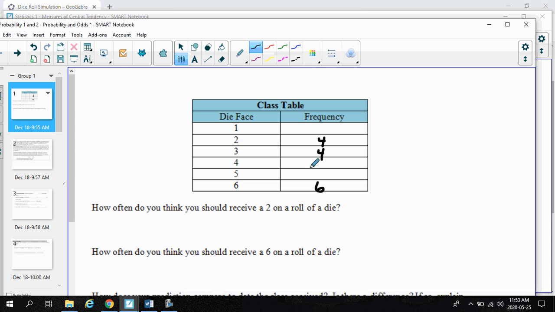Wrong one. So 3 1 2. So that's in total 20 times. Hopefully I mathed that right. So it says, how often do you think you should, oh, this is our individual table.